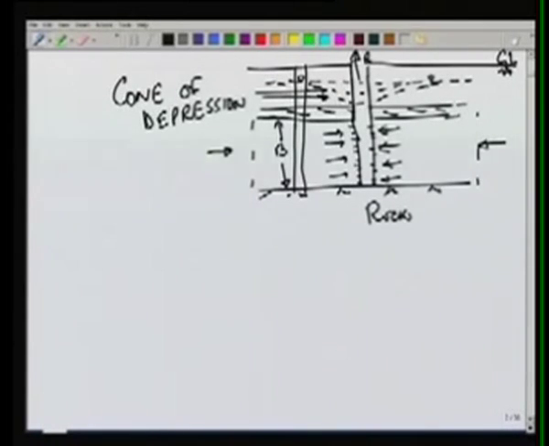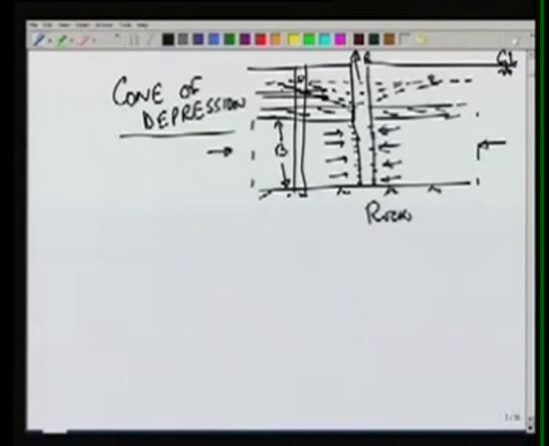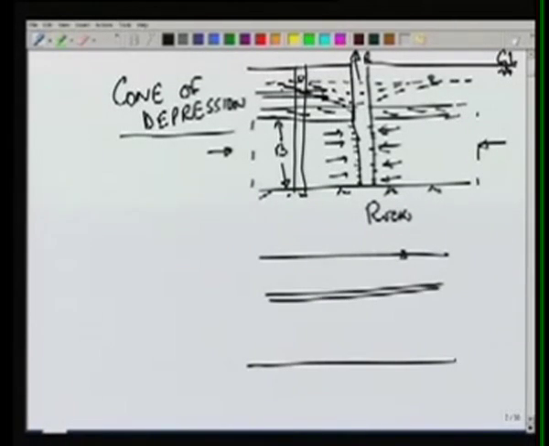Now this cone of depression is important for us because we want to know how much is the head at any location H. So let's draw it here again.